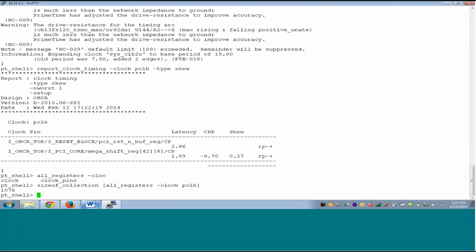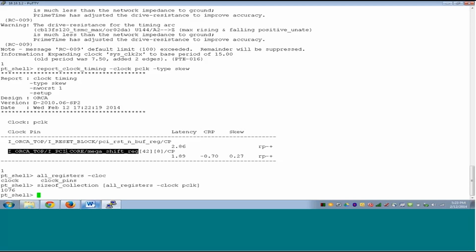Now this command, report clock timing minus clock name and type skew, gives us, among these 1076 clock pins, the clock pin that has the best latency and the one that has the worst latency. So this clock pin here has the worst latency of 2.86.